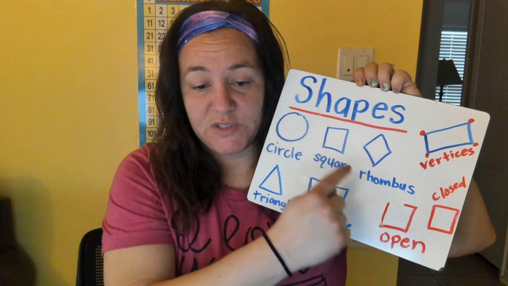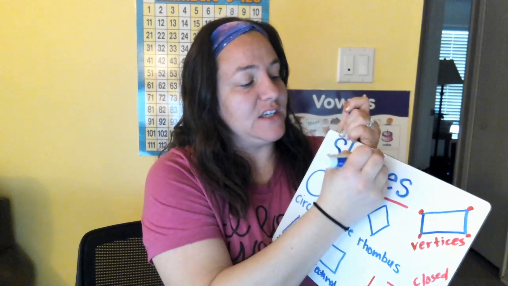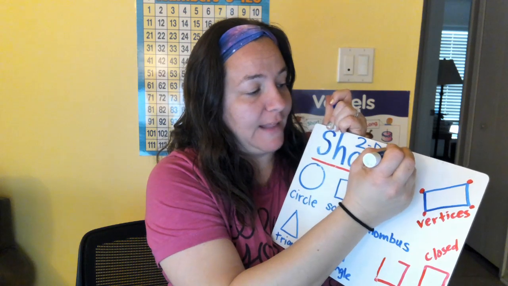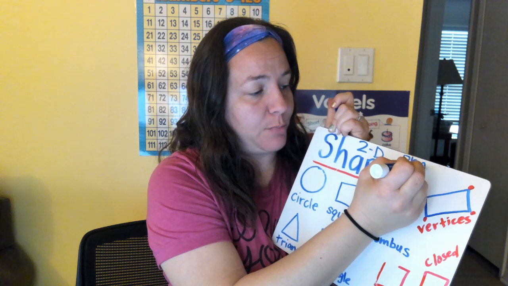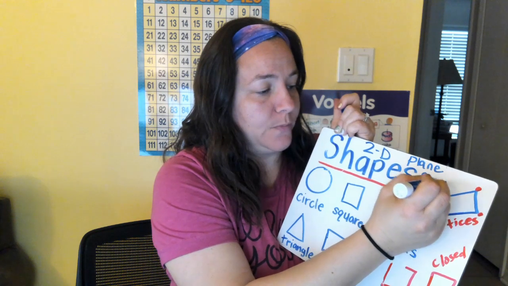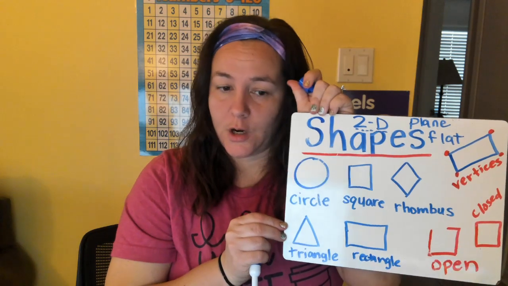These shapes that I've drawn, except for the open shape, are all called 2D shapes. They can also be called plane shapes because they're kind of plain and boring, or flat shapes, okay? But I think they're going to call them 2D shapes on your lessons, all right?